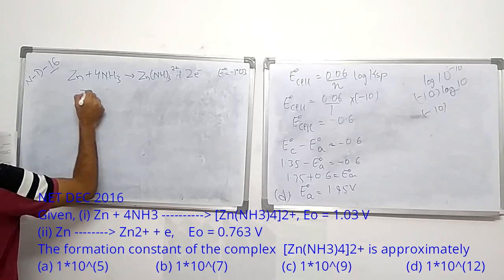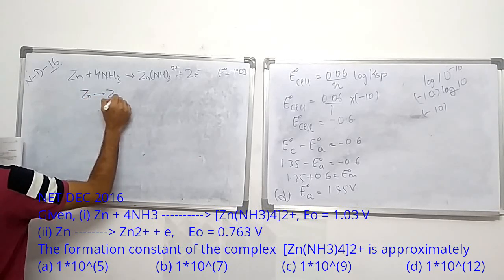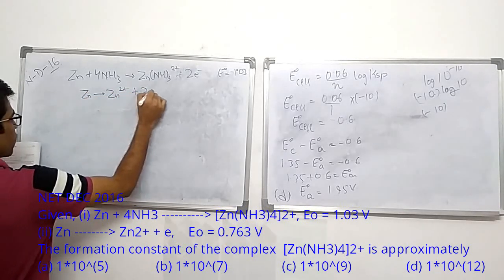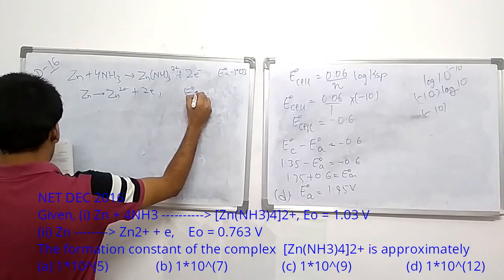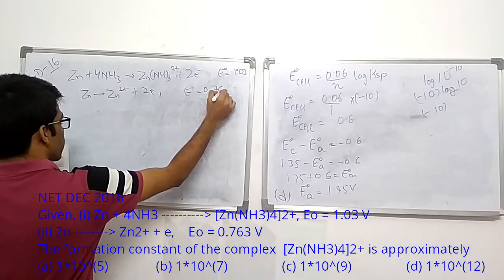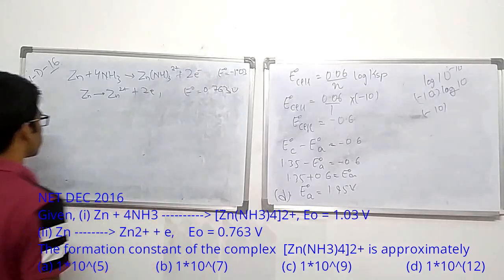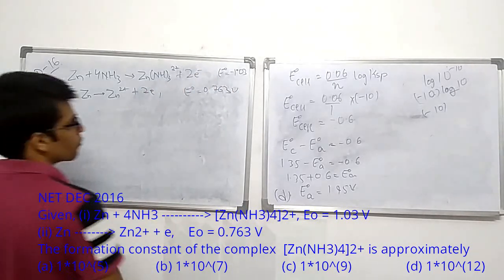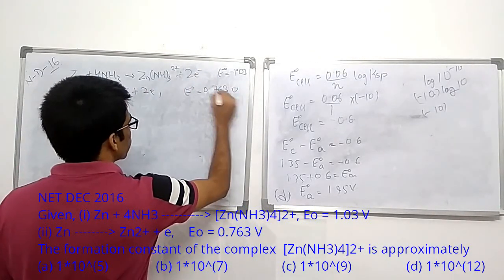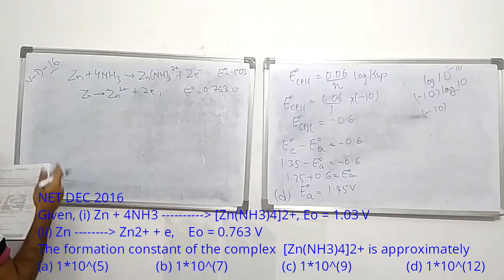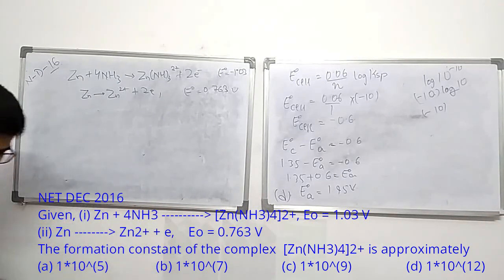The other reaction is the oxidation of zinc to zinc 2 plus, whose E naught is 0.763 volt. Now you have to find the formation constant of the zinc ammonia complex.